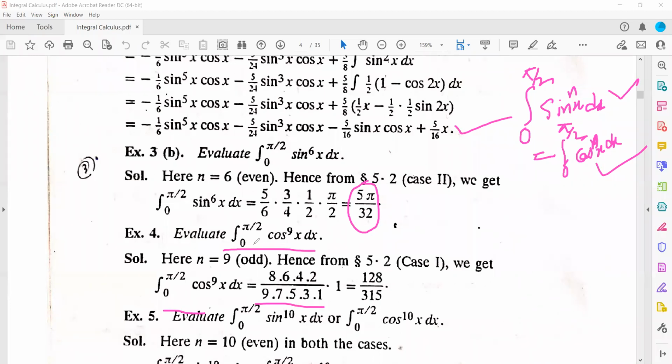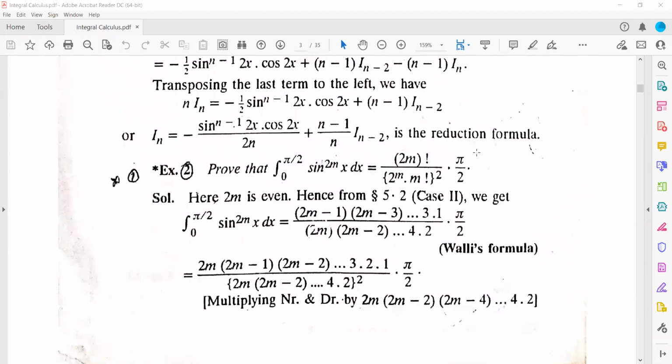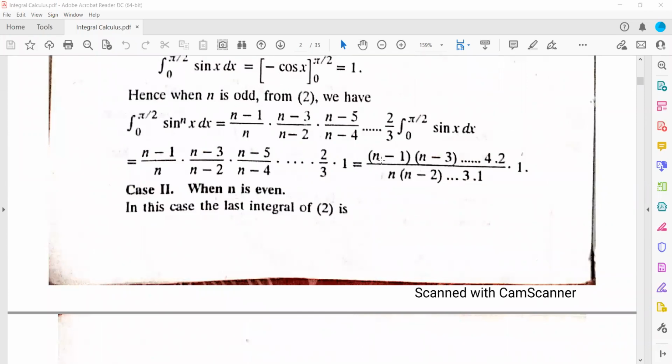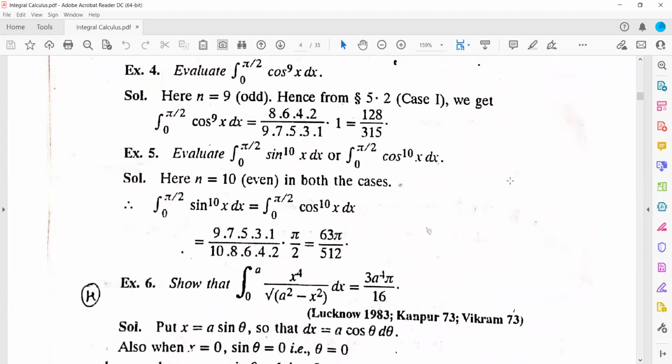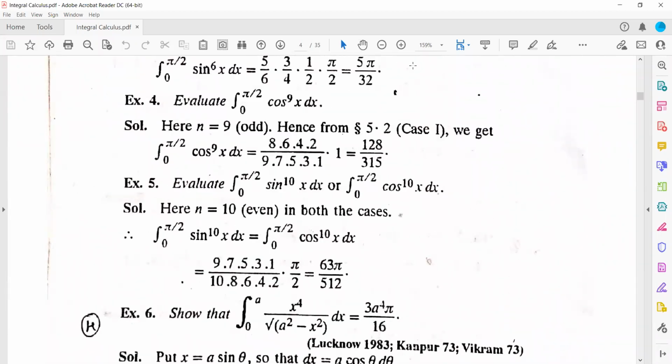What was the result for sine if n is odd? It was n minus 1, n minus 3, dot dot, 4 into 2, then n into n minus 2, and the last into 1. So the numerator gets the even terms, and the denominator gets the odd terms.